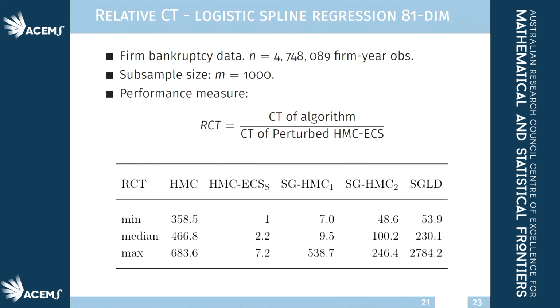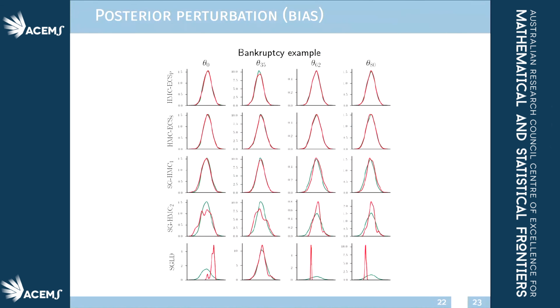You can see that we are quite a lot faster than HMC itself. So this just demonstrates that we're reasonable, and this is exact. The last plot I'm going to show you is some of the posterior density plots.